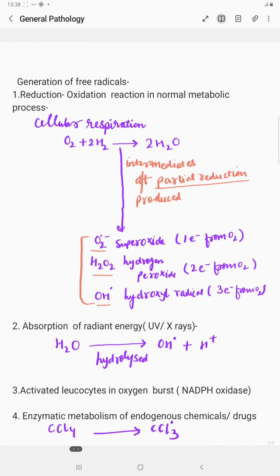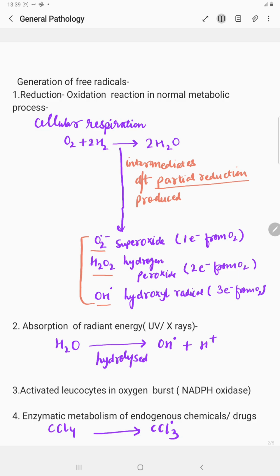So how are free radicals generated? Now they are a part of reduction oxidation reactions occurring in normal metabolic processes as in cellular respiration, where the common reaction is oxygen combines with two molecules of hydrogen to form two molecules of water.